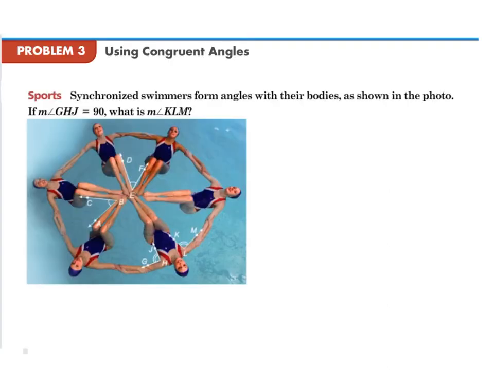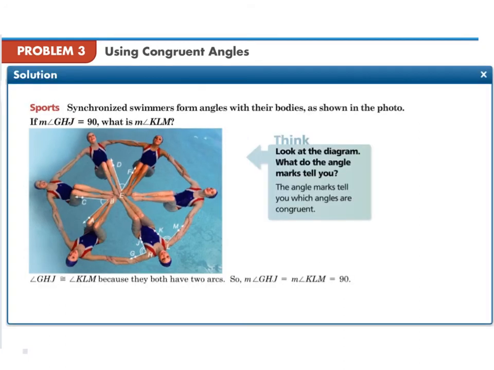So here we have an illustration of synchronized swimmers, and the angles are drawn out here. And the question is, if the measure of angle GHJ right here is 90, what is the measure of angle KLM right here? The idea here is this.